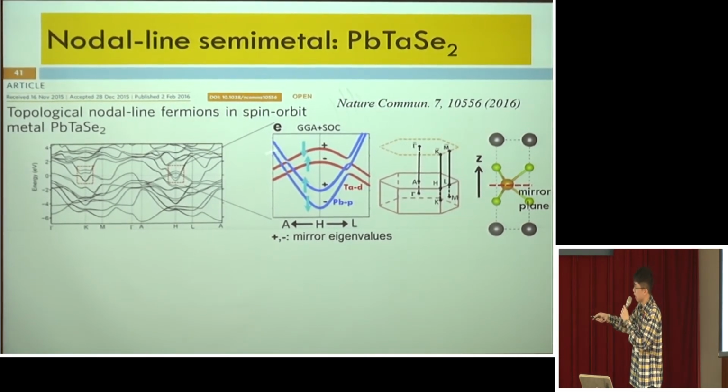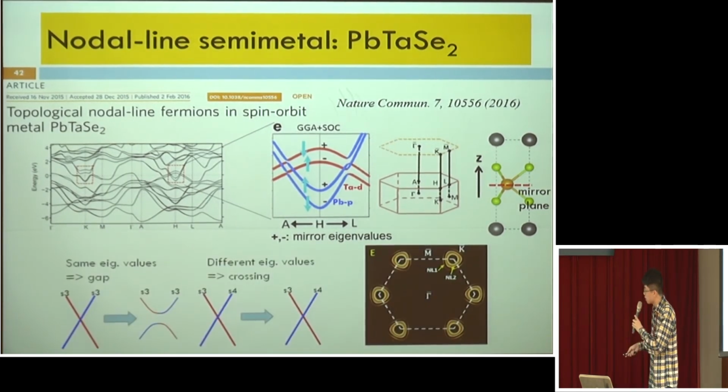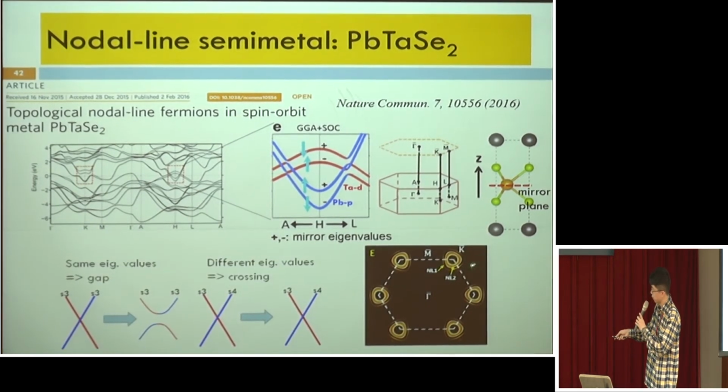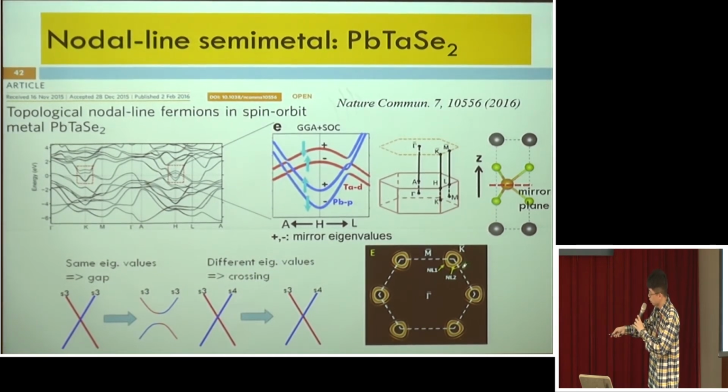They cross each other and form the nodal line. These crossing states are the nodal line. And this is the kx-ky map. It clearly shows two closed loops at the corner of the Brillouin zone.